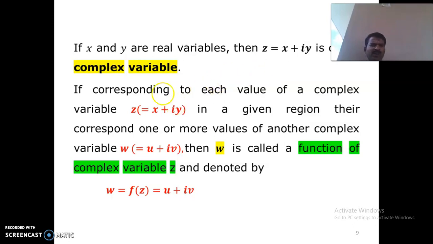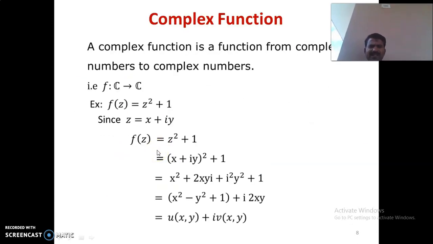If corresponding to each value of the complex variable x plus iy in a given domain or region, there corresponds one or more values of another complex variable w, then, as previously seen, this is a function, which turns out to be u plus iv. This is complex to complex.